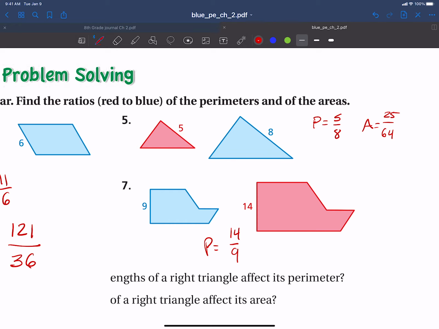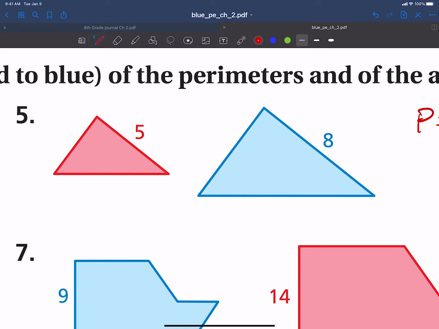Yes, Grace. My question is, how does this relate to what we're doing about rotations and distortion? We are going to be using similar figures to talk about dilations next. And how you dilate things is you either grow or shrink, right? Think about your pupils. Your pupils either grow or shrink with light. That's called a dilated pupil. If an object grows, you multiply it by a whole number.